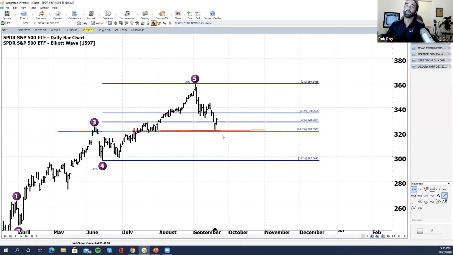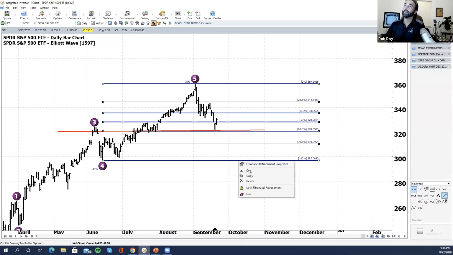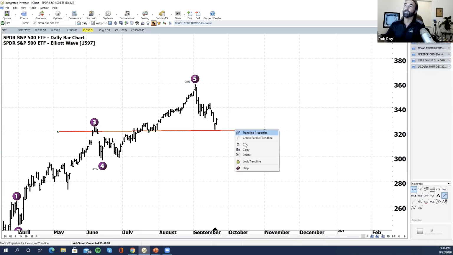Remember that just because it comes to the 100% extension doesn't mean that has to be the end of the move. We have extended moves all the time. We could easily come all the way down here. That's why you hear the adage, trade what the market gives you, don't trade what you think. I've talked about this before as well, and I think it's extremely important. It was a lesson I learned.